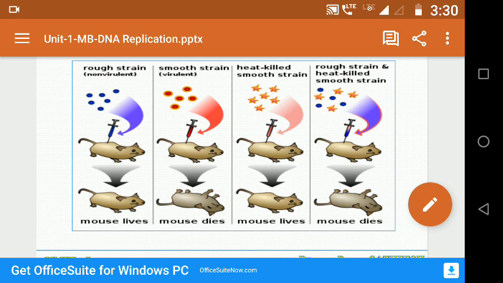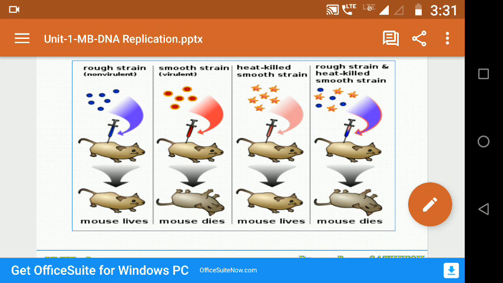First, he injected the rough strain to mice. The mice survived because that is an avirulent bacteria. He took another batch of mice which were injected with smooth strain. After a few days, the mice developed pneumonia and died. So the smooth strain is the virulent strain.